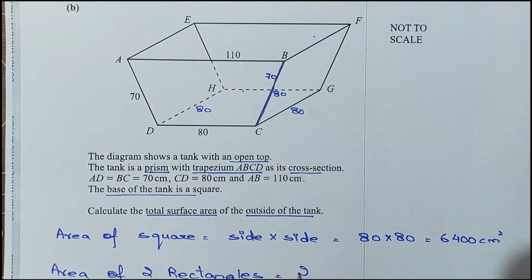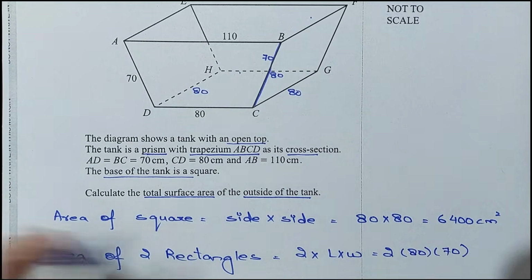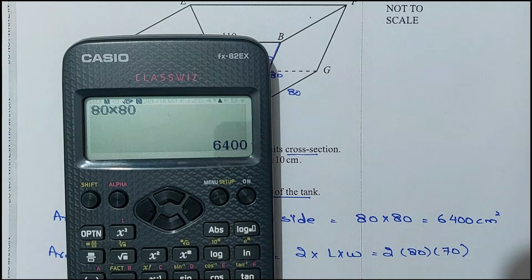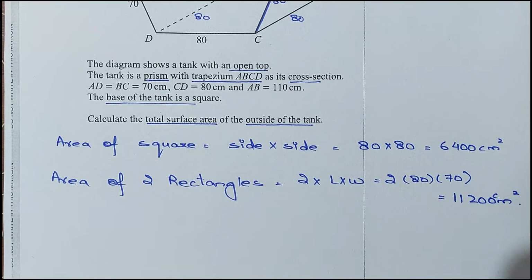All right, so 2 into length times width. The length is 80 and the width is 70. So 2 into 80 into 70 is 11,200 centimeter square.